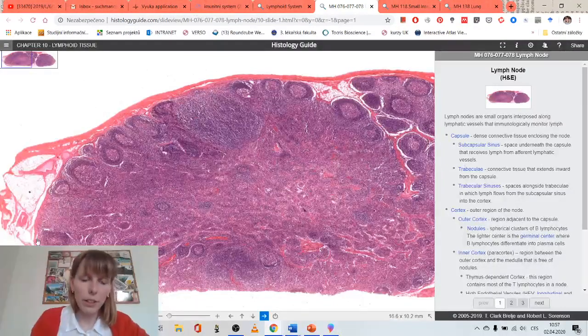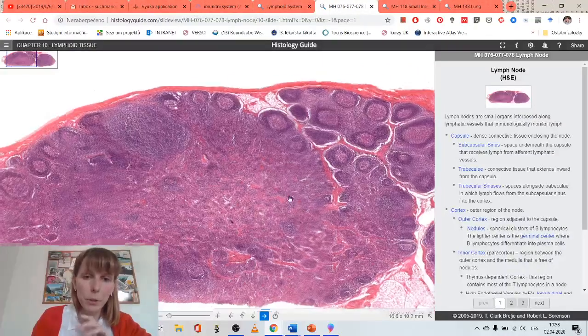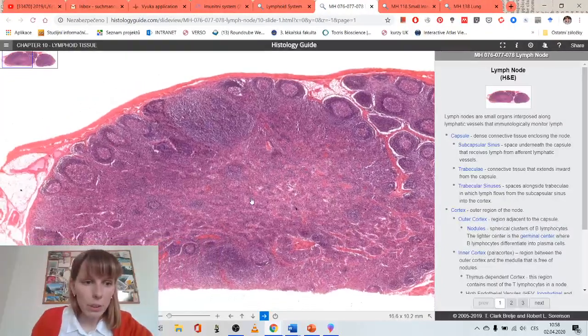That's one criterion. Then you have lymphatic follicles. It's an organ where the immune reaction is taking place, because this is where the B lymphocytes become activated and then start to become plasma cells. And it also has cortex and medulla. So these will be the criteria based on which we will distinguish between the different lymphatic organs.